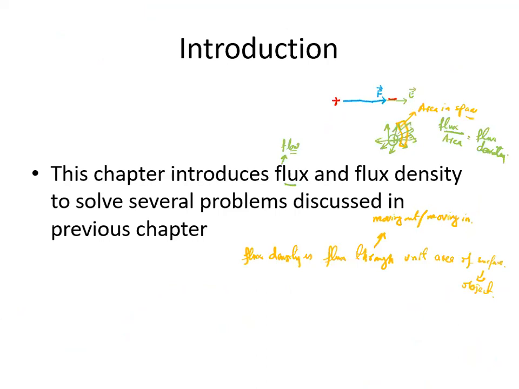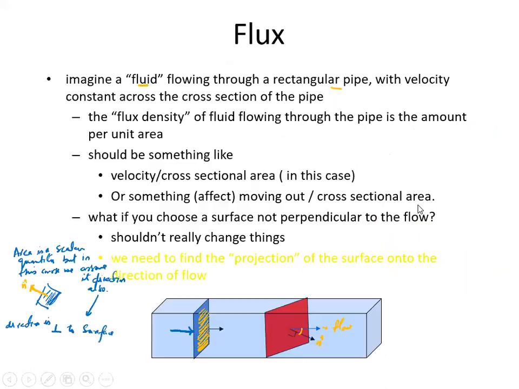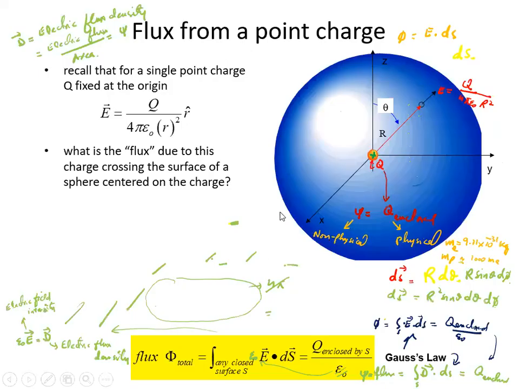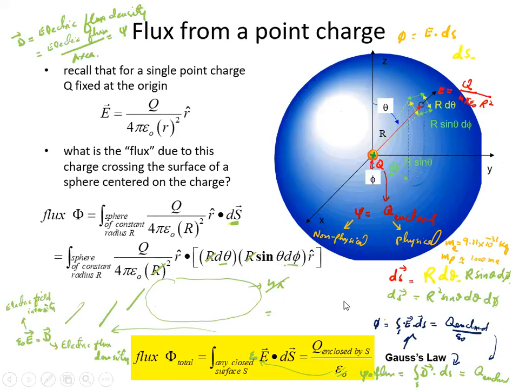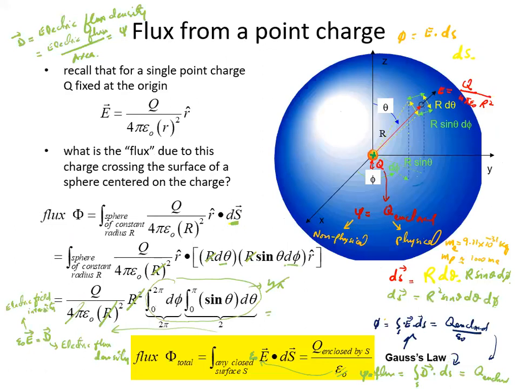So we introduced a new term called flux to show the flow of this electric field intensity. And then we took the definition of flux density. Then we went through this little derivation, and in the process we found a new law called Gauss's law.